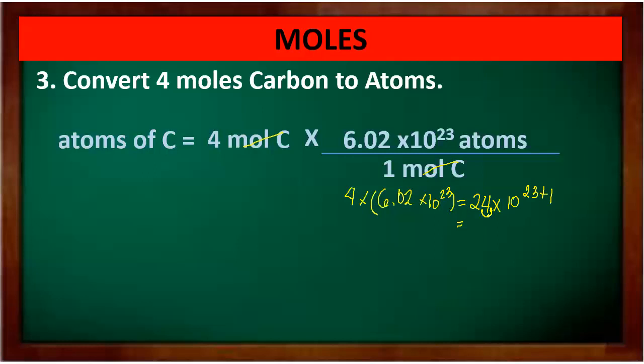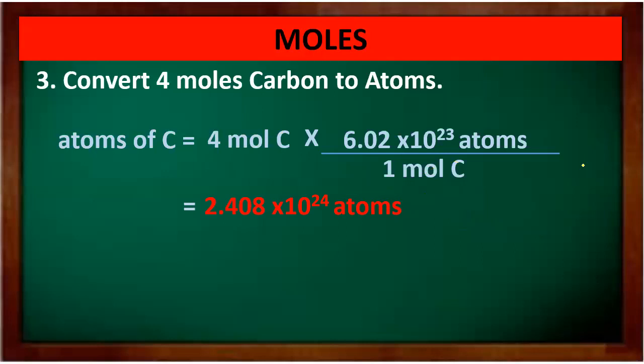Because we have moved 1 decimal place. So, our answer now will become 2.4 times 10 to the power of 24. Therefore, atoms of carbon is equal to 2.048 times 10 to the power of 24 atoms.